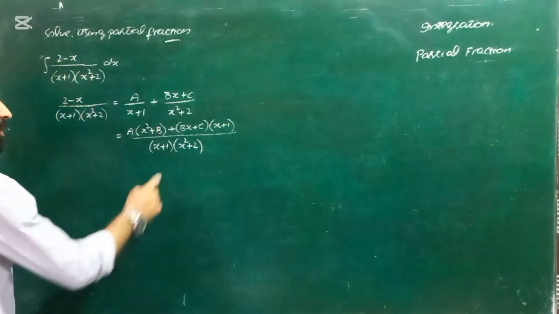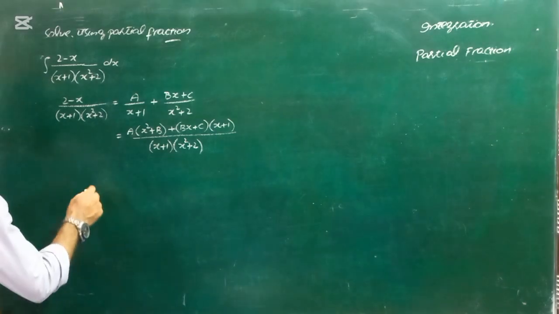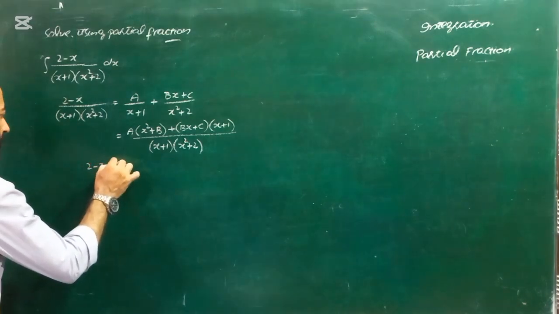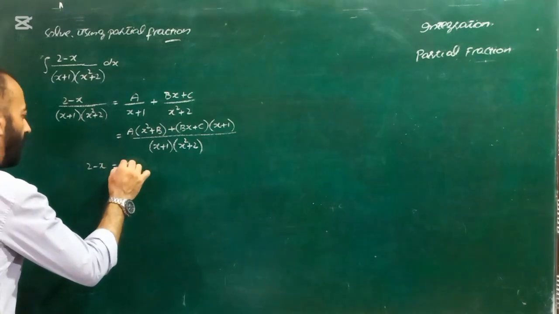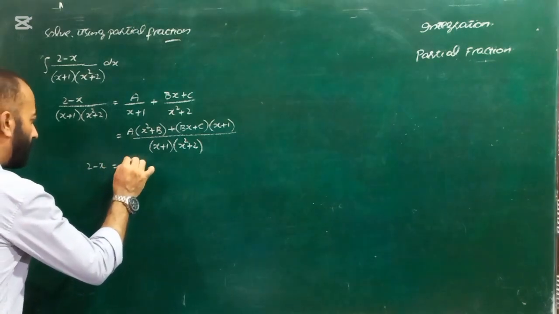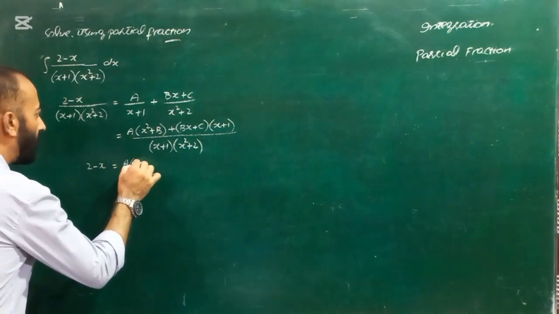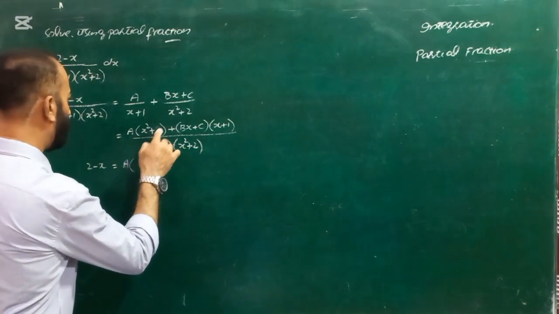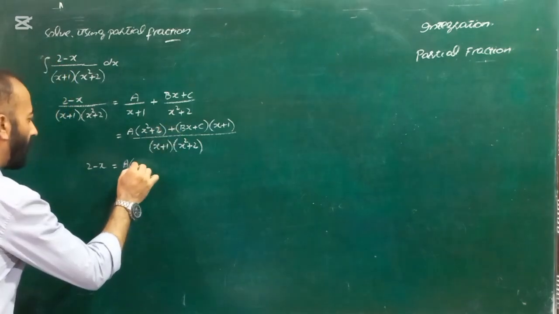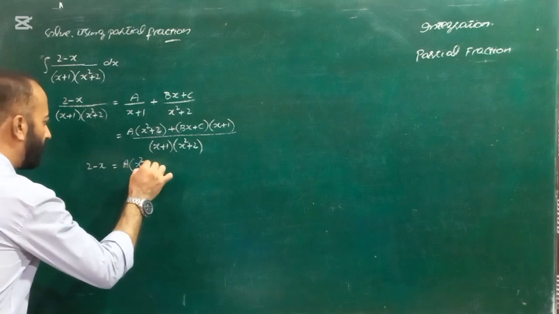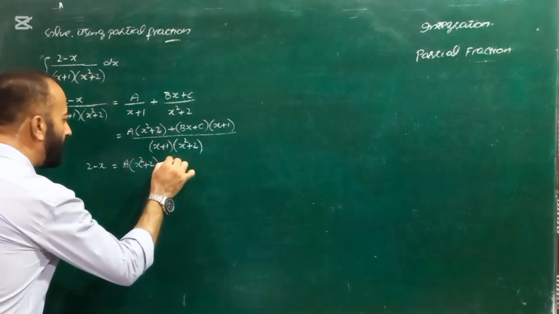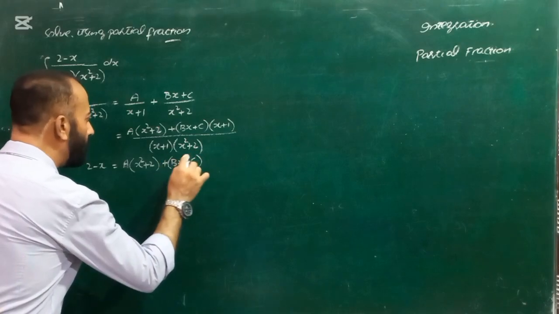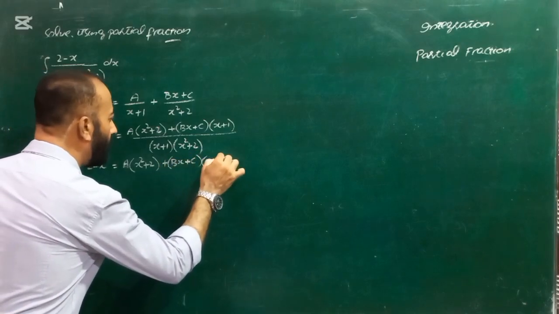Okay, at this step denominator will be cancelled on both sides. So the next step will be 2 minus x is equal to a into x square plus 2 plus bx plus c into x plus 1.